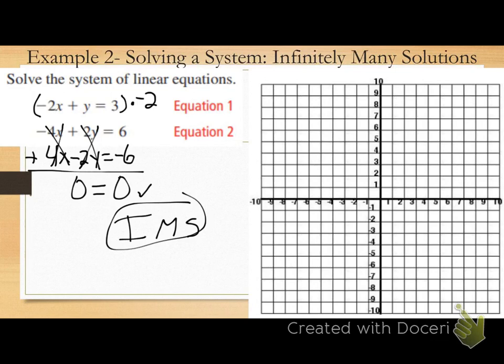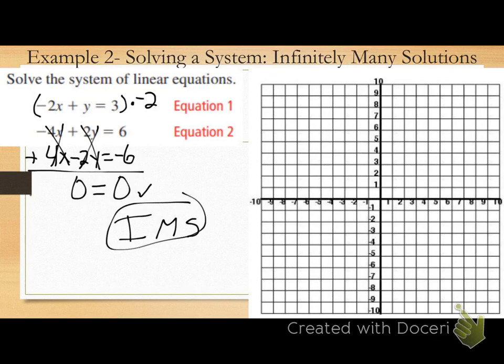So, infinitely many solutions. When you graph, you get the same line. When you substitute, that variable is going to cancel out. You're going to get a true statement. When you solve by elimination, all the variables are going to cancel. You're going to be left with a true statement in the end. So false statement, no solution. True statement, infinitely many solutions. Questions, comments, concerns?